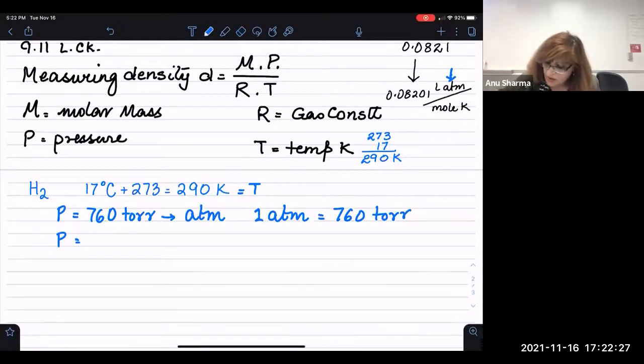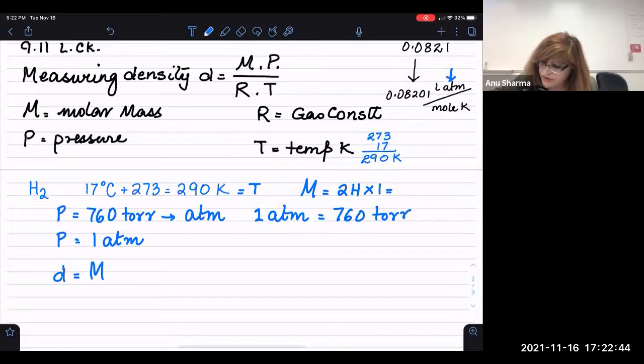So the pressure in this case is 1 ATM. Okay, now what is the density? The rest is you're going to just put it. So density, write down the formula always. Density is the molar mass. So the molar mass for hydrogen is 2 hydrogens times 1 of each, is 2 grams per mole. So molar mass, M is always capital.